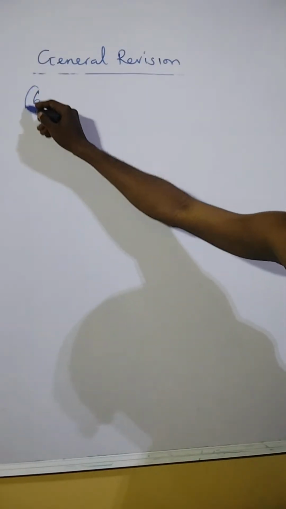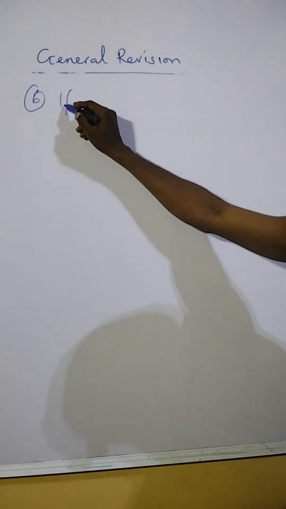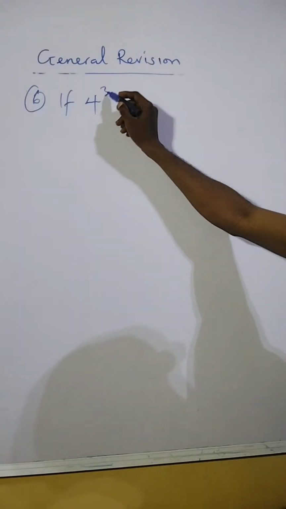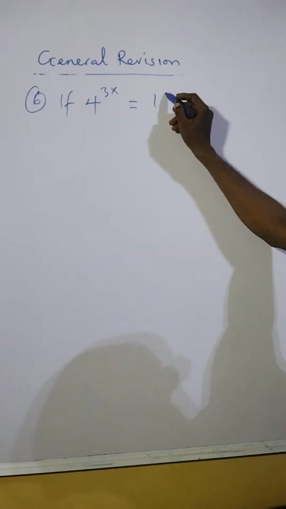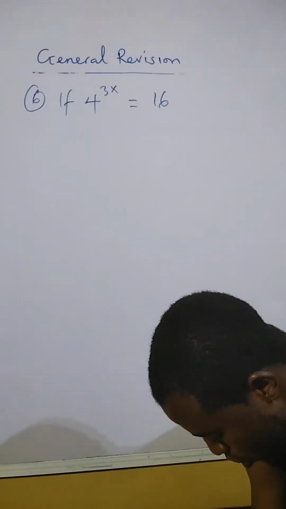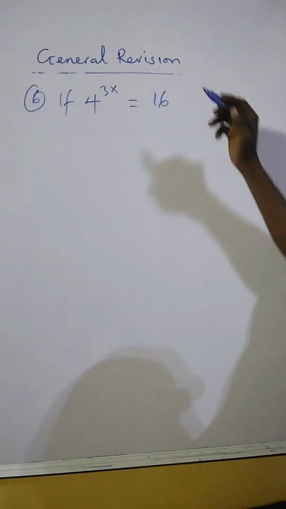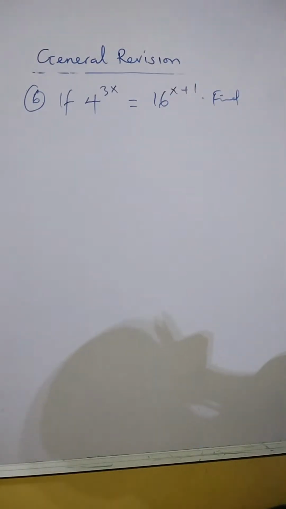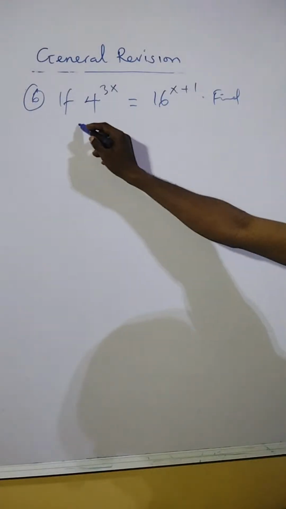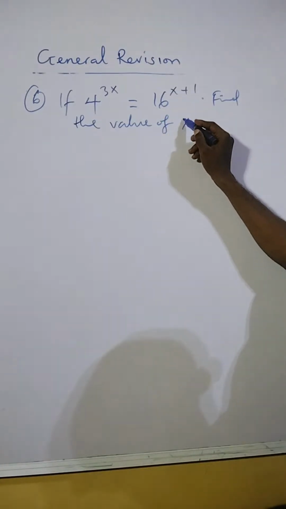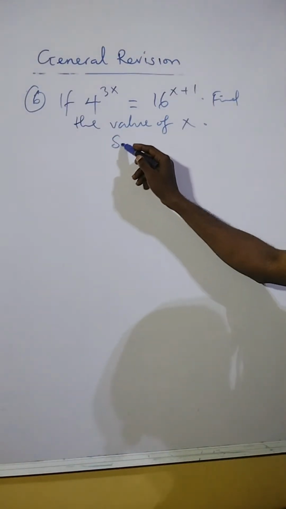I'm going to say if 4 raised to power 3x is equals to 16 raised to power x plus 1, find the value of x.